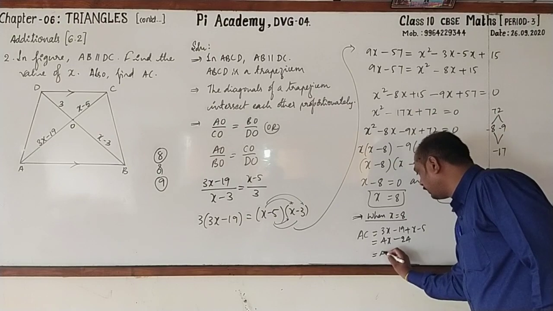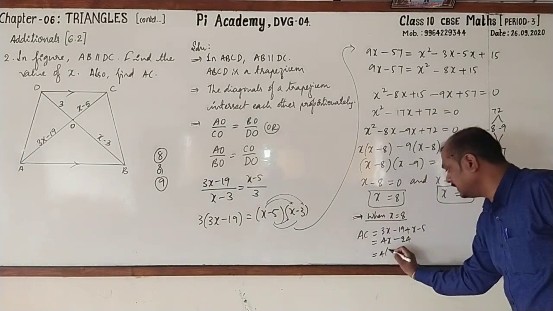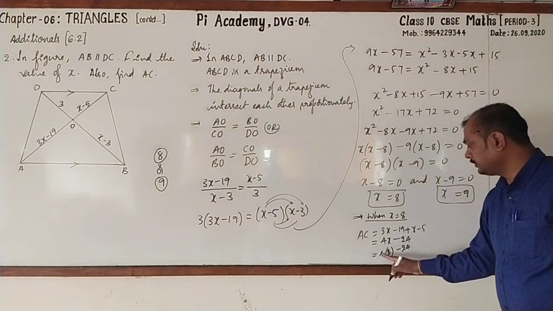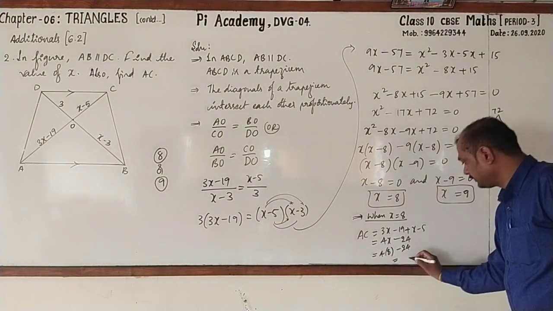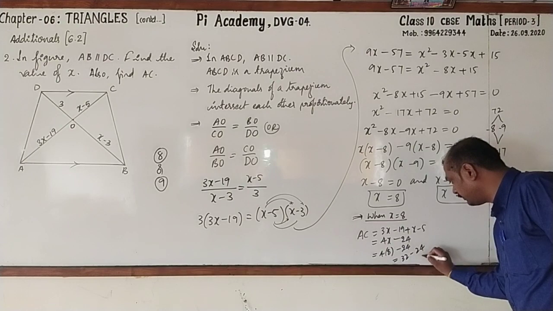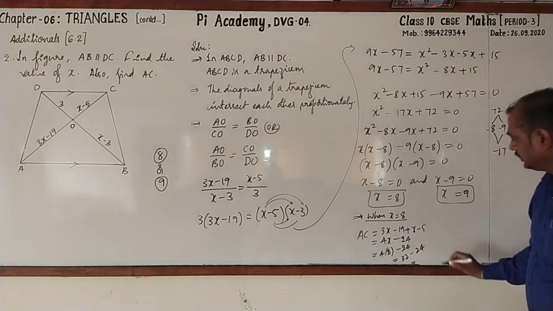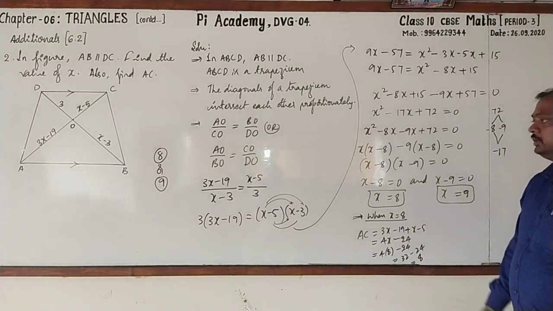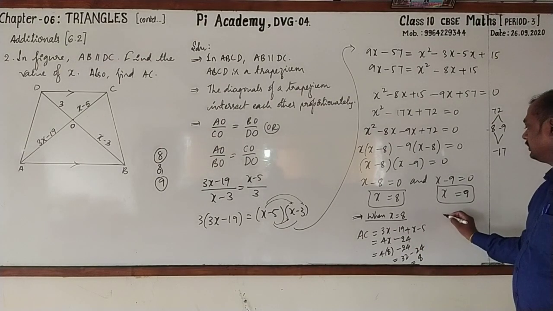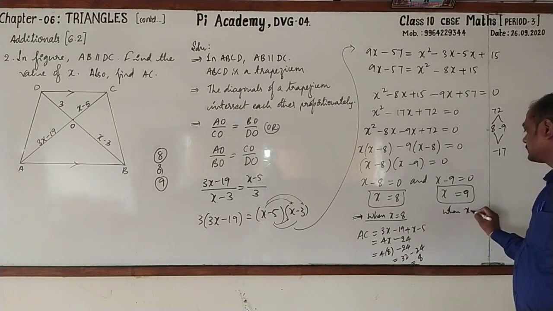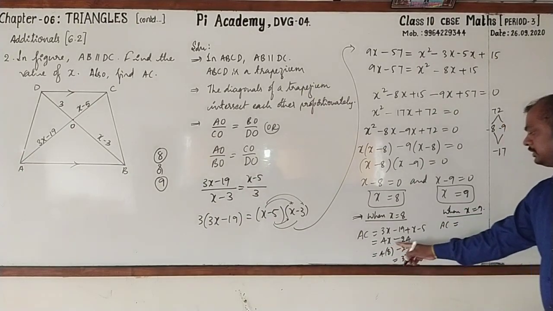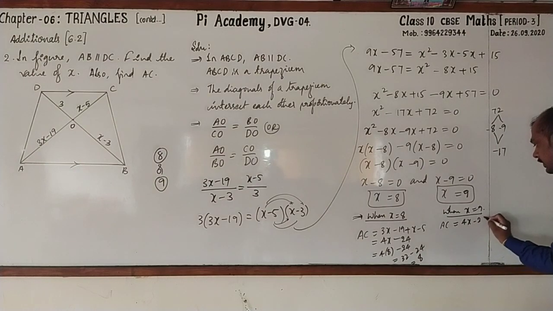Then it is equal to 4 into, what is x? x is 8, minus 24, which is 8 4s are 32 minus 24. 32 minus 24, this is 8. AC equal to 8.